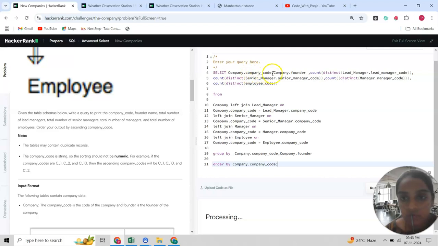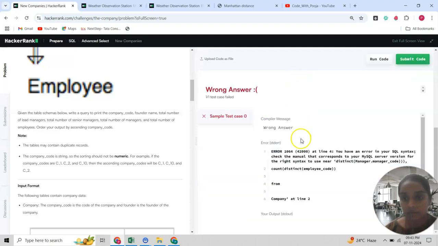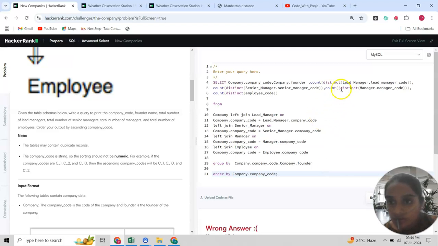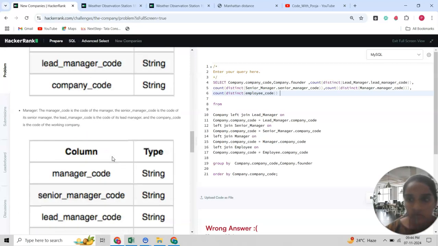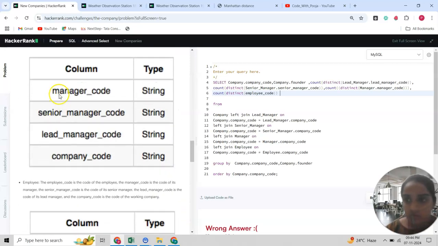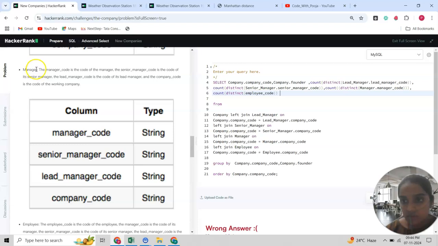Select company code, and then company dot founder. Yeah, as I said, there is a company. Then count distinct lead manager code, count distinct senior manager code, count distinct manager code. What was the name there? Small manager, small code is there, and the reference manager. Is there one more bracket?